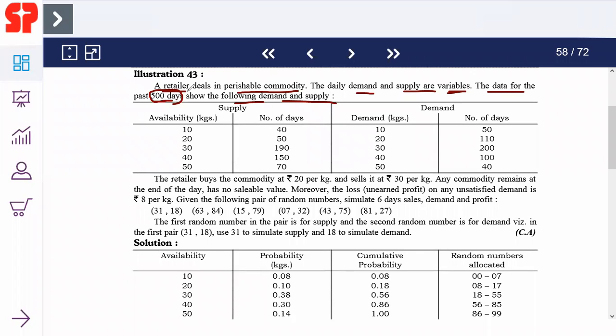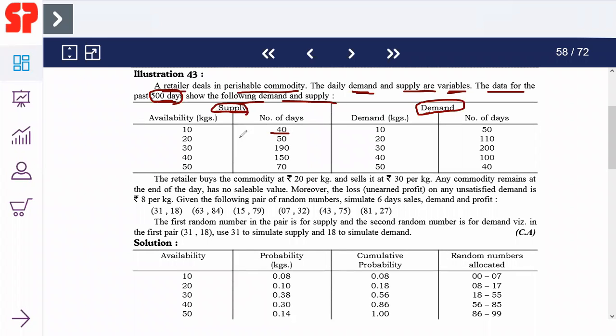So what this retailer has done is take the data from the past 500 days. He has collected the data of his demand and supply, and he has found out his supply pattern and demand pattern. On 40 days he receives 10 kg from the supplier.